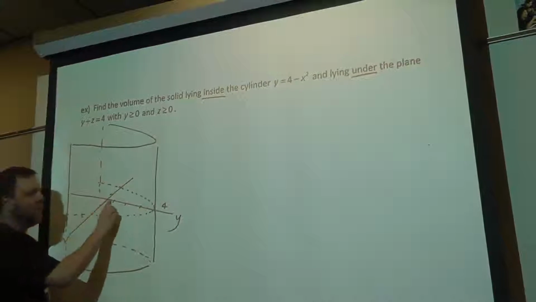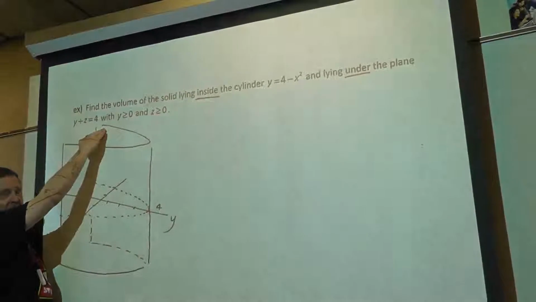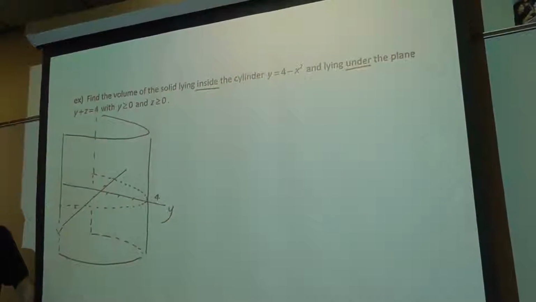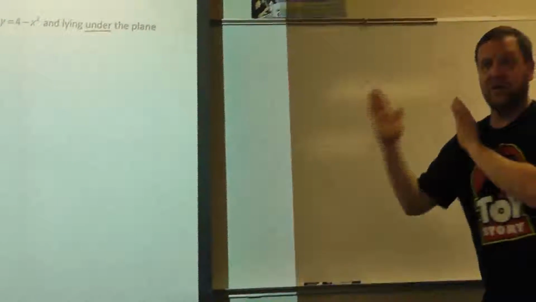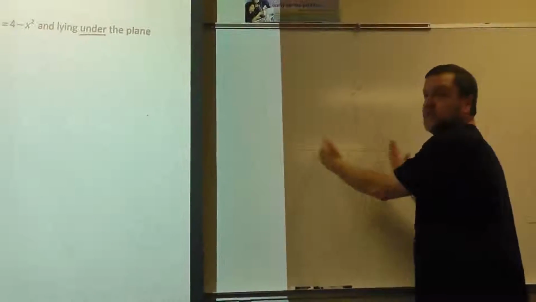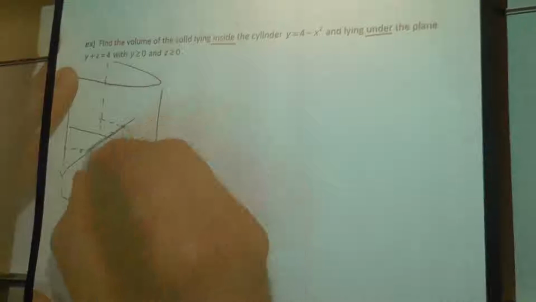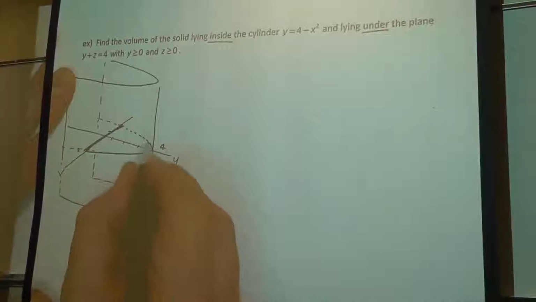Positive y-axis is here, positive z-axis is here. Does it have any inequality stipulations on x? No. So y is positive here, z is positive here, and you can include those negative 2 and 2. So it looks like we've at least got this and all this being the base.